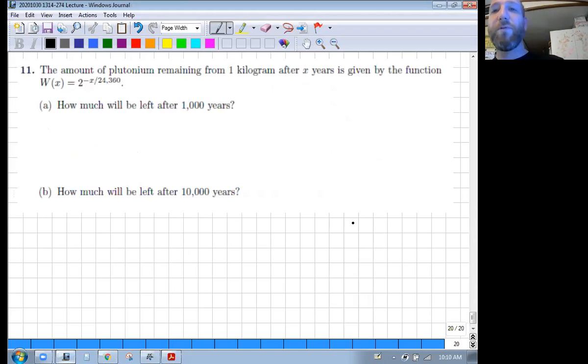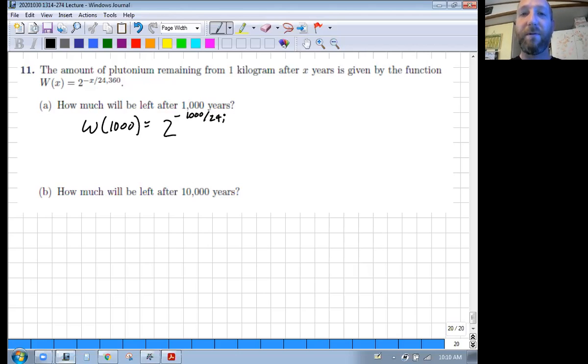All right, the amount of plutonium remaining from 1 kilogram after x years is given by the function W of x equals 2 to the negative x over 24,360. How much will be left after 1,000 years? We've got 2 to the negative 1,000 over 24,360.